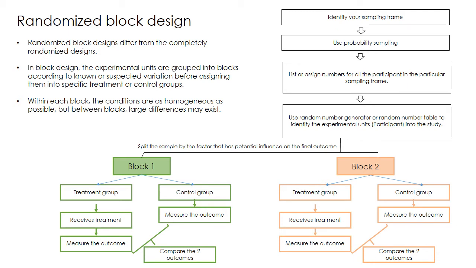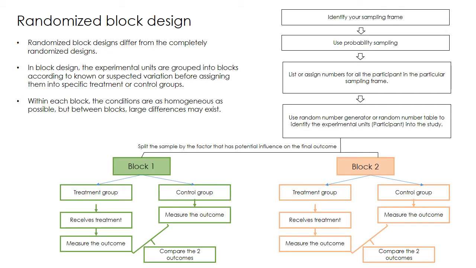What you do next is you use random numbers to select the experimental units into the study. When you have already assigned numbers, you have to select your participants. Once you select the participants, you don't assign them into treatment and control yet.